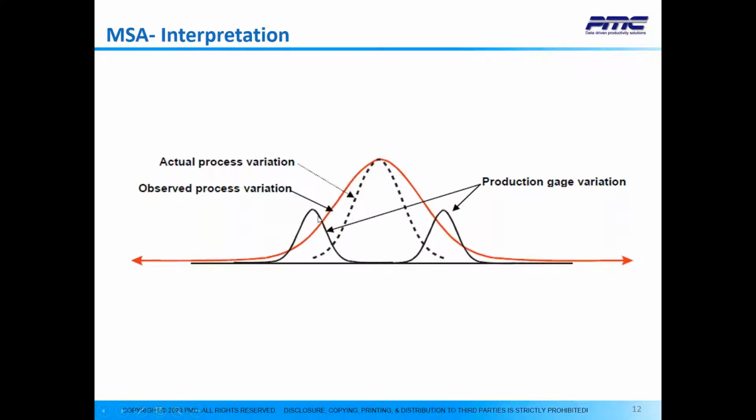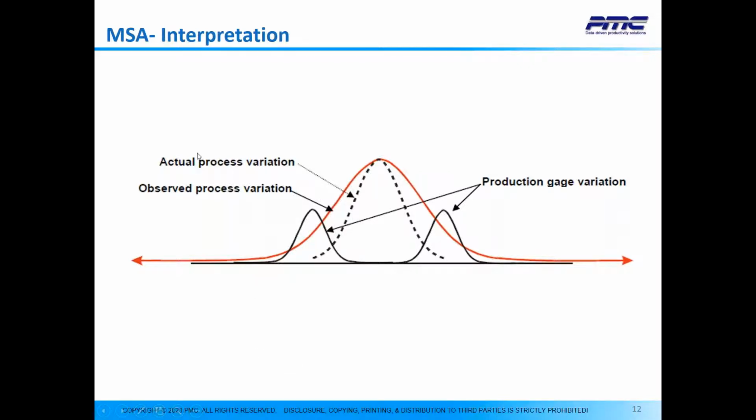The small ones right here, one on the left and one on the right tail, are representing the production gauge variation. So when you have the process variation plus the gauge variation, the sum of those will give us this red observed process variation.